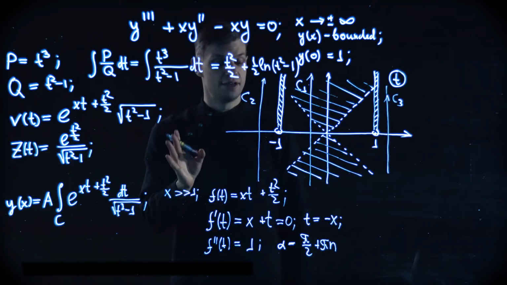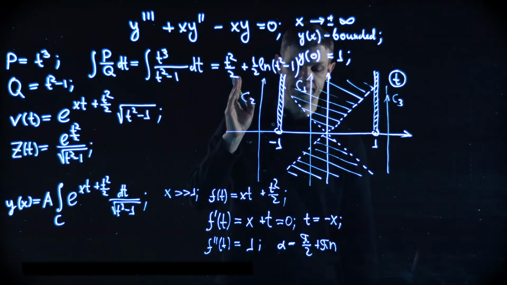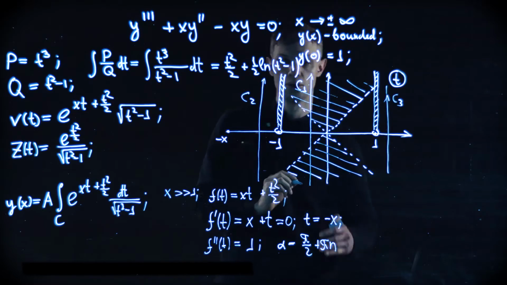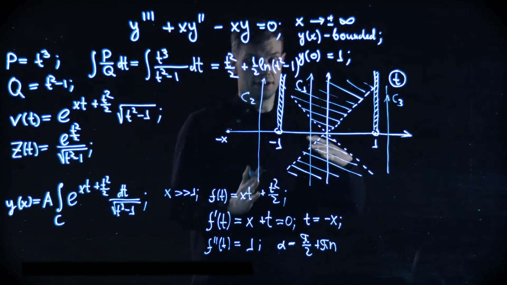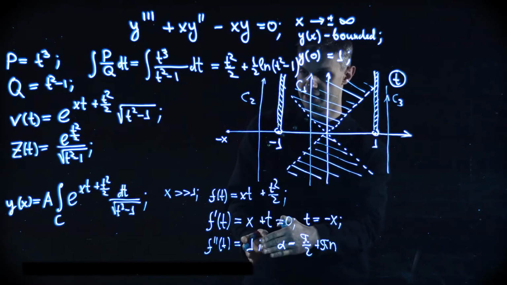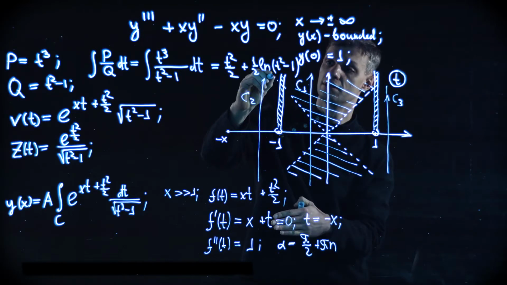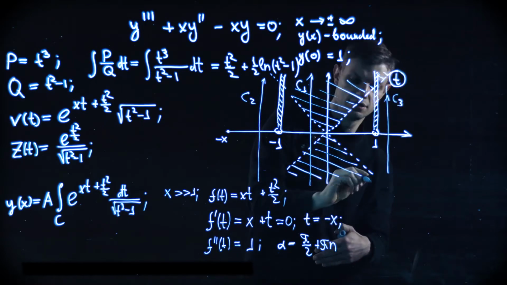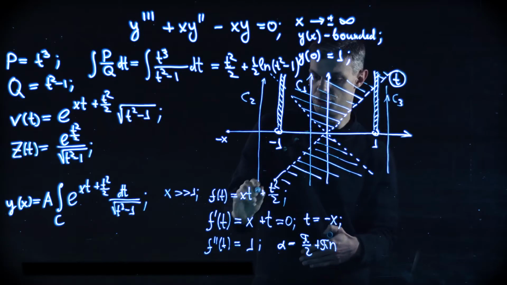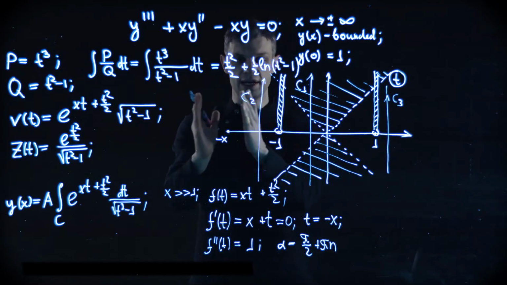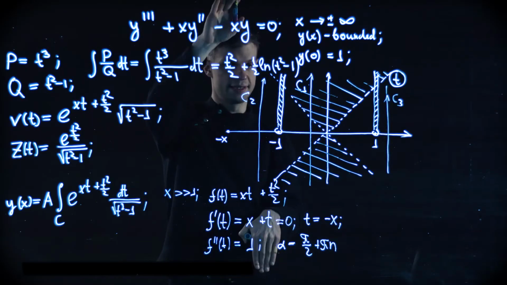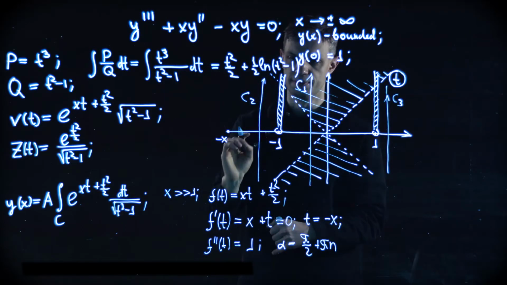So suppose x first is positive. Then our saddle is situated somewhere here. Right, and our contours, well, the most crucial part is that they should start and end at these shaded regions, right? So we can move them freely in the complex plane as long as it starts here and ends there in the upper complex plane.